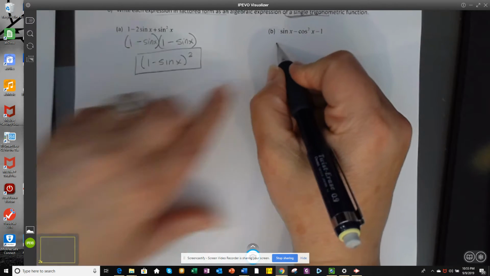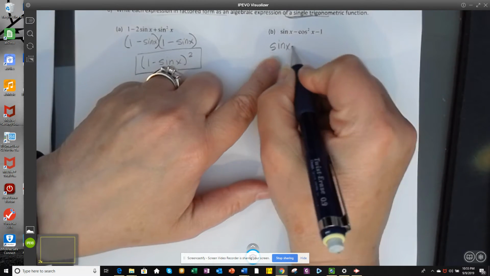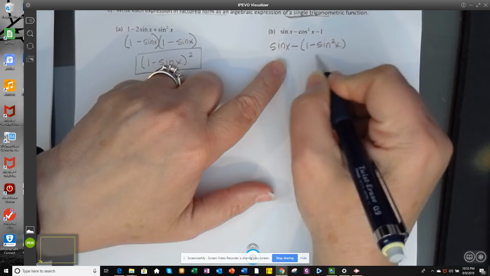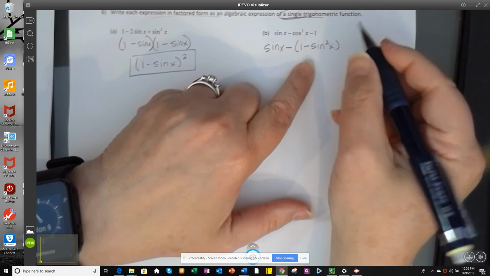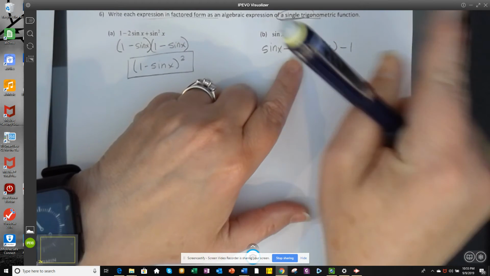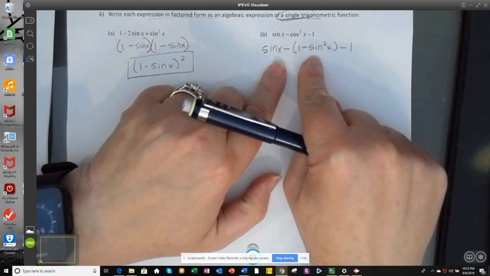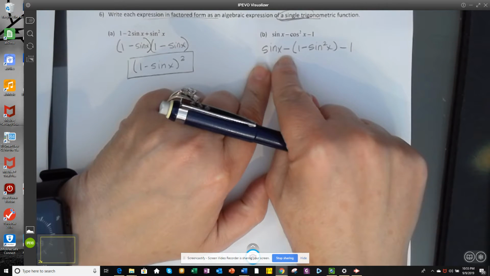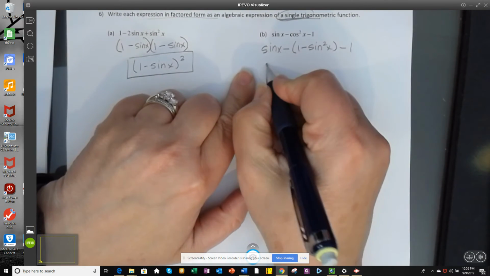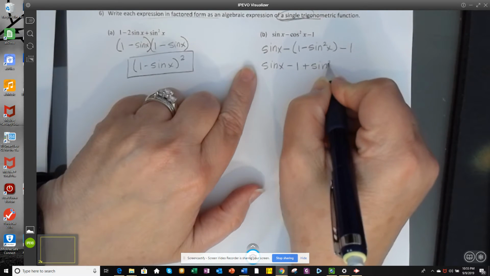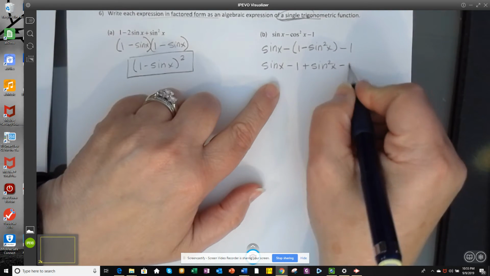Where we see sine x here, minus 1 minus sine squared x, because cosine squared x equals 1 minus sine squared x, minus 1. Now you'll notice when I substitute in, I'm using parentheses here because I have to distribute this pesky negative. All right, so this will be sine x minus 1 plus sine squared x minus 1.